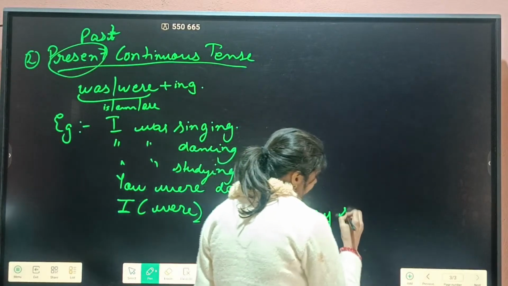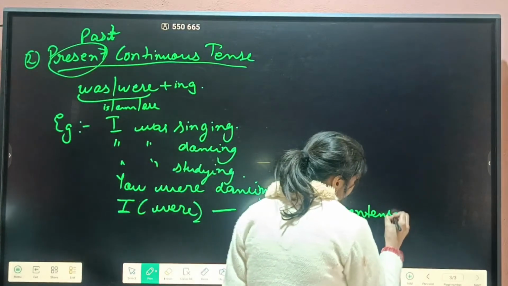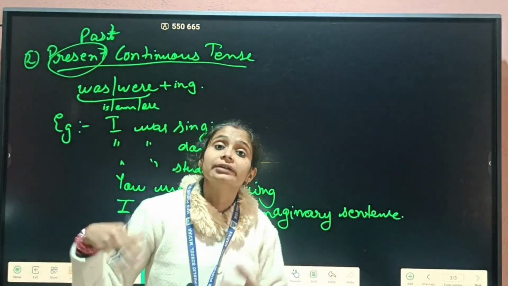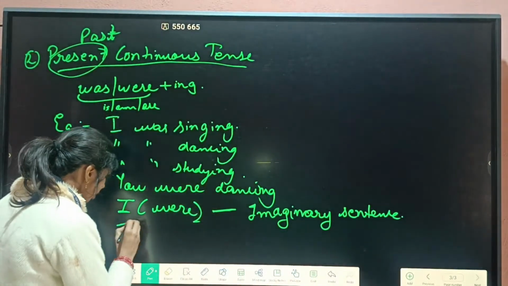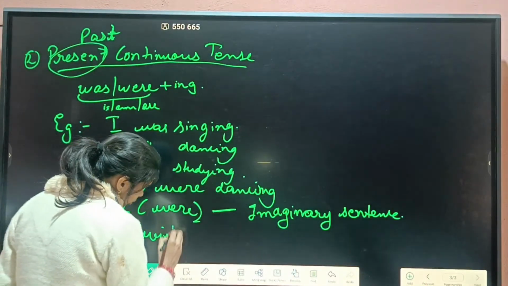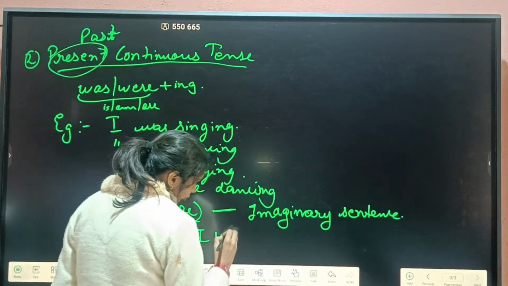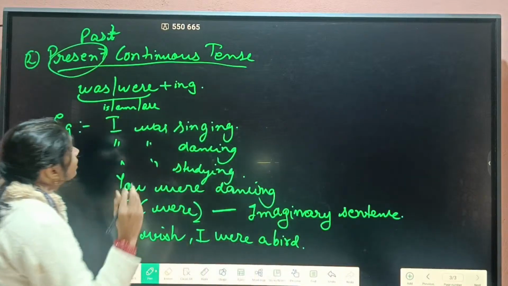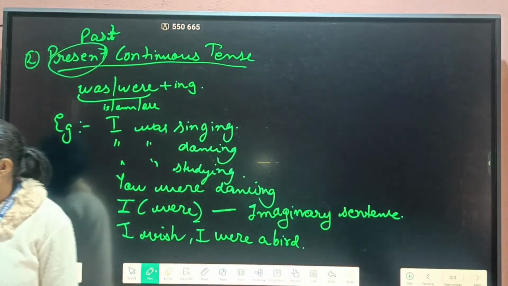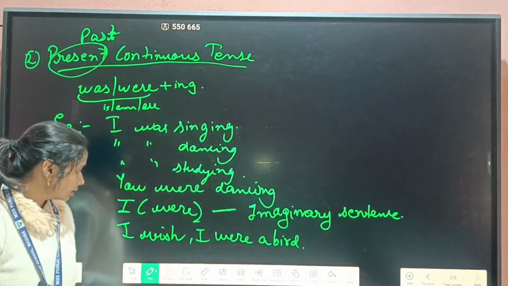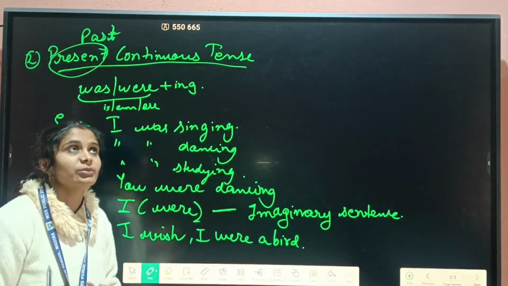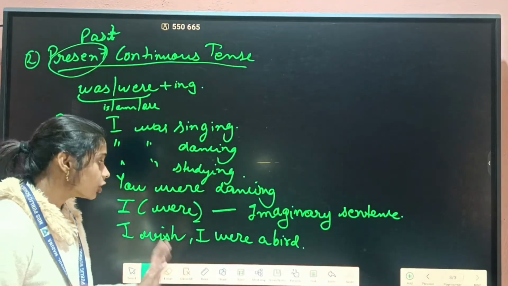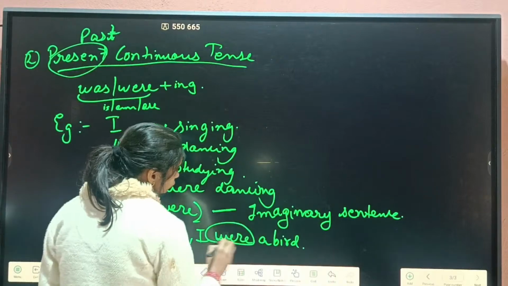For example, I am just having an imagination: I wish I were a bird. This is the only exception of past continuous tense. If you are making any wish or any imaginary sentence, then with all subjects, whether first, second or third, we will only and only use were.